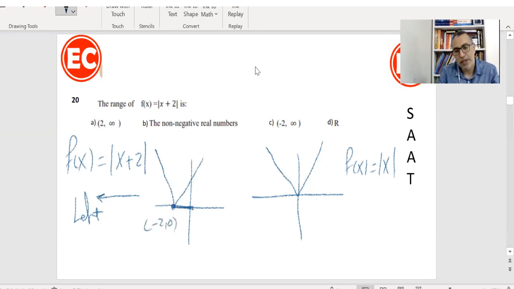So the minimum point you start with on the y-axis is 0, till infinity. So the range is from 0 to infinity, the non-negative real numbers. And we said a few minutes ago that the absolute value will never give me a negative value. It will always give me a positive value.